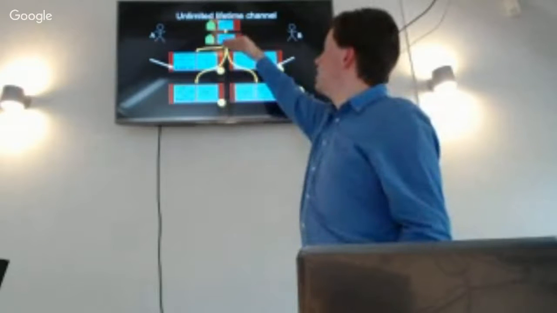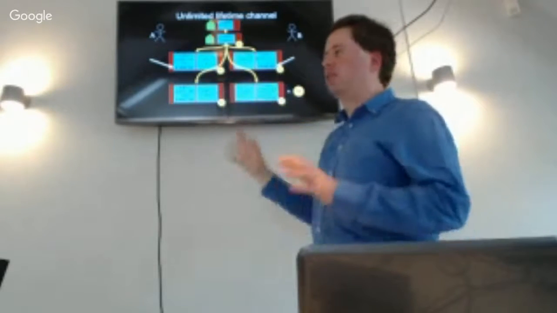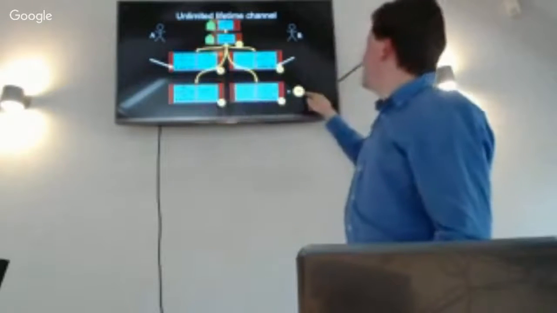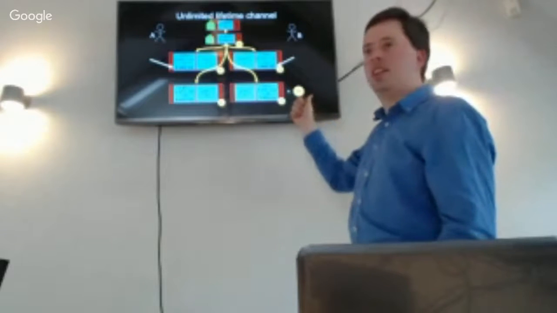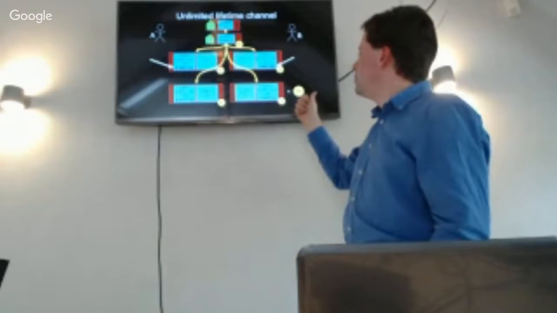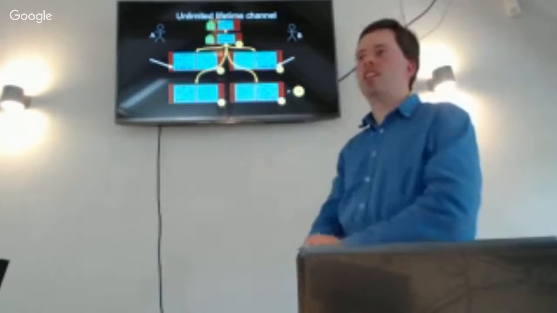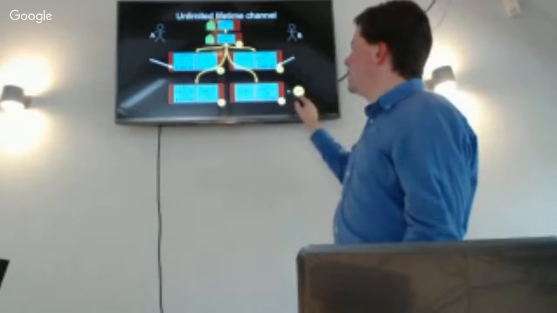But when we update the channel, the rule of this channel design is that Alice has to provide this value to Bob. And otherwise Bob will simply not accept that as a payment. So Bob can see that he has this value RA.